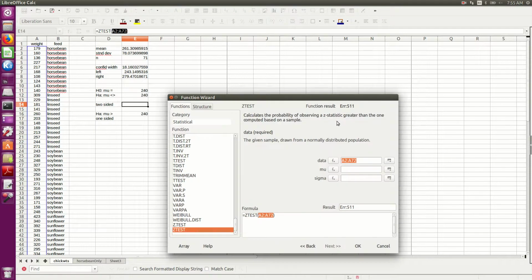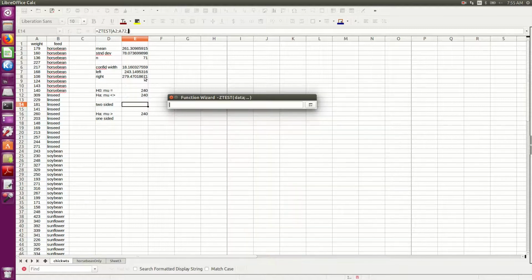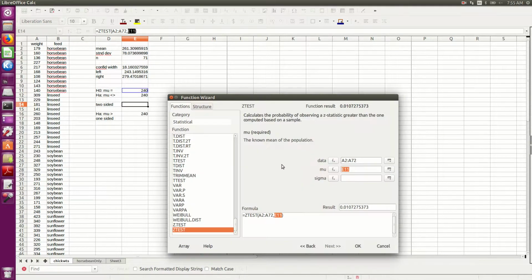So I have that. Then I need our hypothesis, our mu. So not the mean, but the mu of our hypothesis test. And then now the sigma, actually, we don't want to use that.